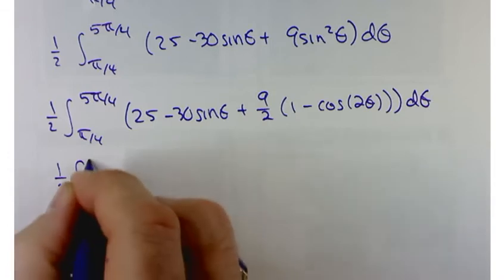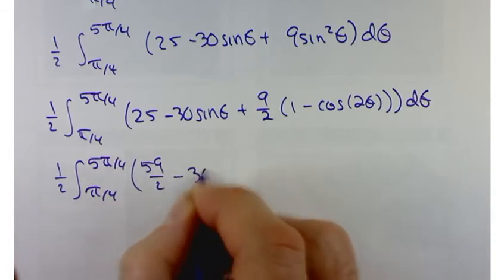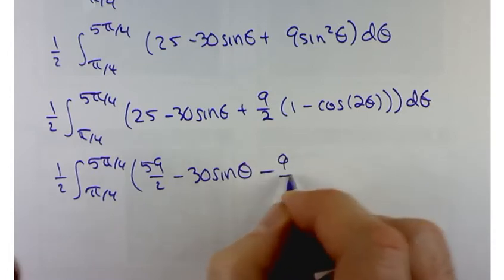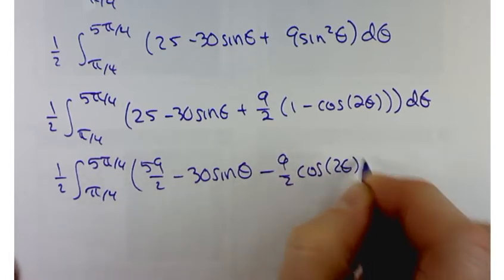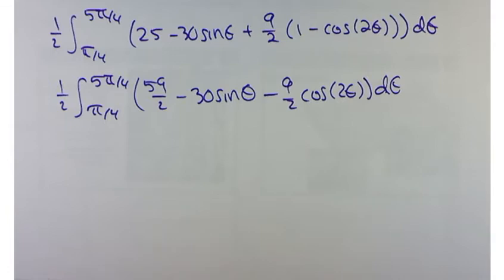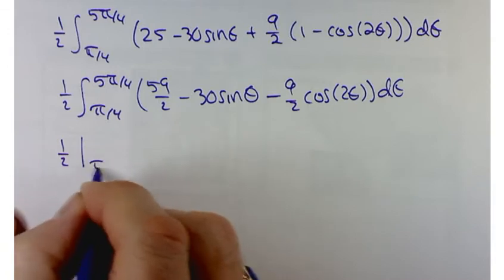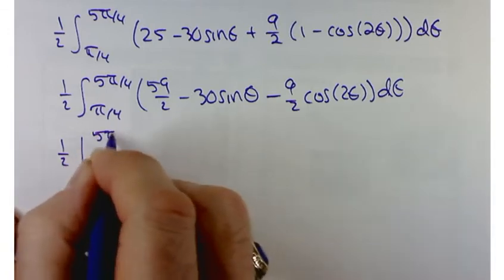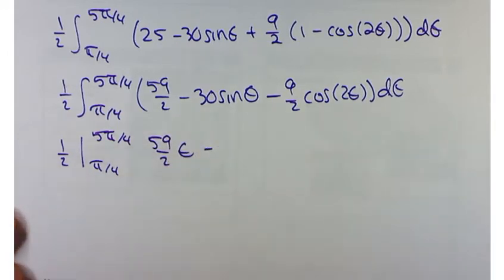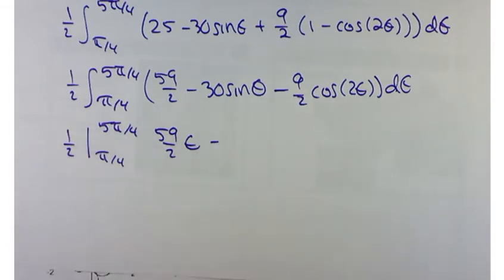Pi over 4, 5 pi over 4, 59 over 2 minus 30 sine of theta, minus 9 halves cosine of 2 theta, d theta. Now let's get some antiderivatives. 59 over 2 theta, plus 30 cosine of theta.